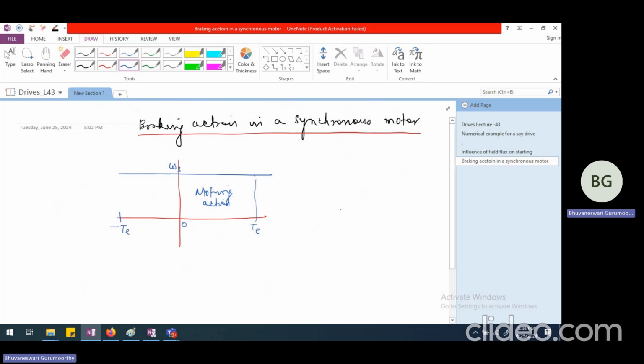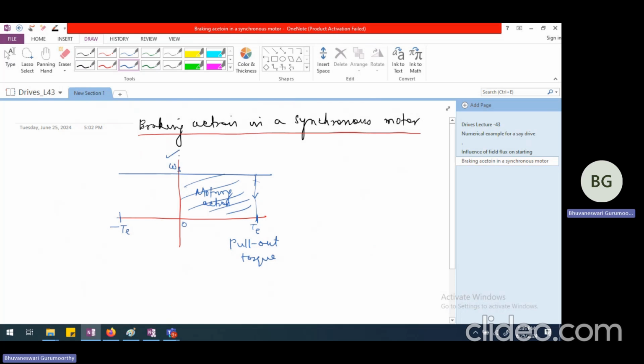So if you try to load the machine beyond this particular torque, which is actually the maximum value of torque that can be withstood by the machine, which we called as pull-out torque, if you try to load the shaft beyond this value, the machine will fall out of synchronism. So abruptly the speed will come down to zero. So this is the only range in which the machine will be able to operate.